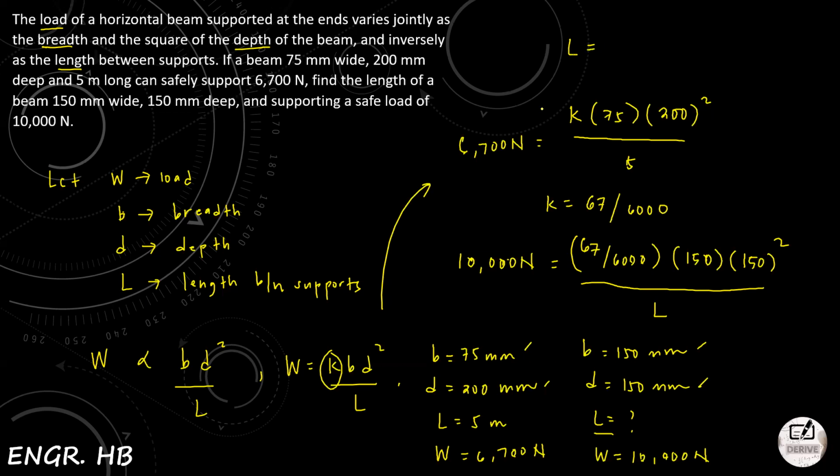Tama ba? So that was 67 divided by 6,000 times 150 times 150 squared divided by 10,000.